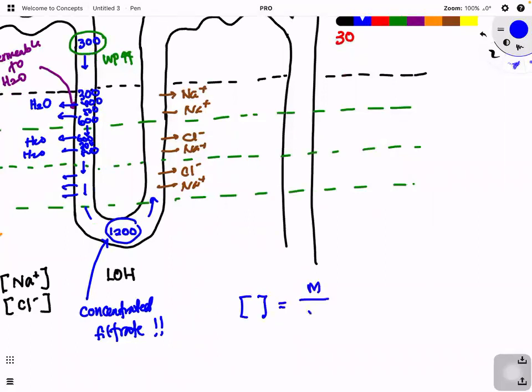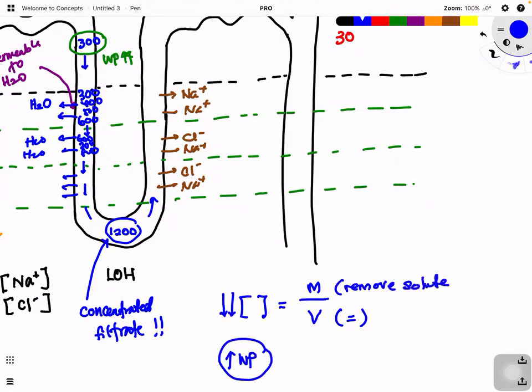Because we cannot reabsorb back the water molecules, the water volume remains the same, the fluid concentration remains the same. But in order to decrease the concentration, so that we can increase the water potential, one of the ways is to remove solutes.